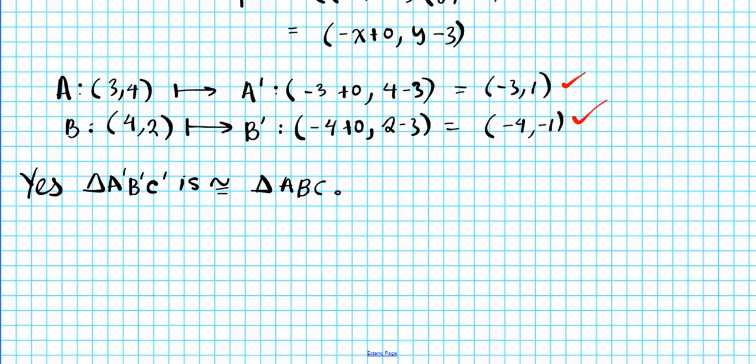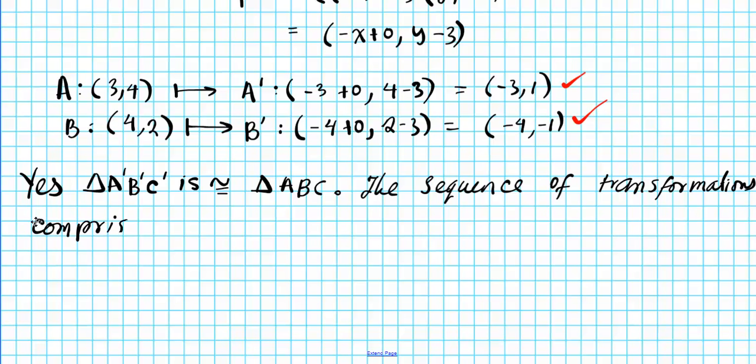Next is the reason. The reason is that the sequence of transformations, also known as a composite transformation, is comprised of, what was the first transformation?